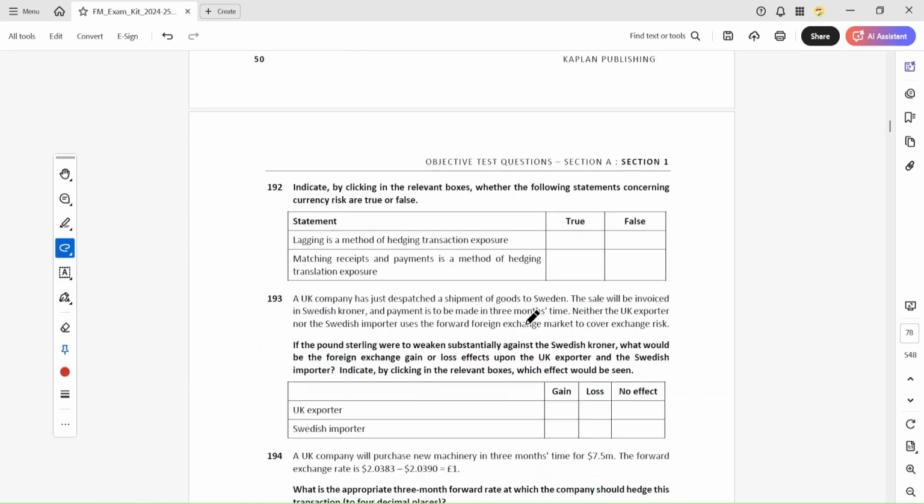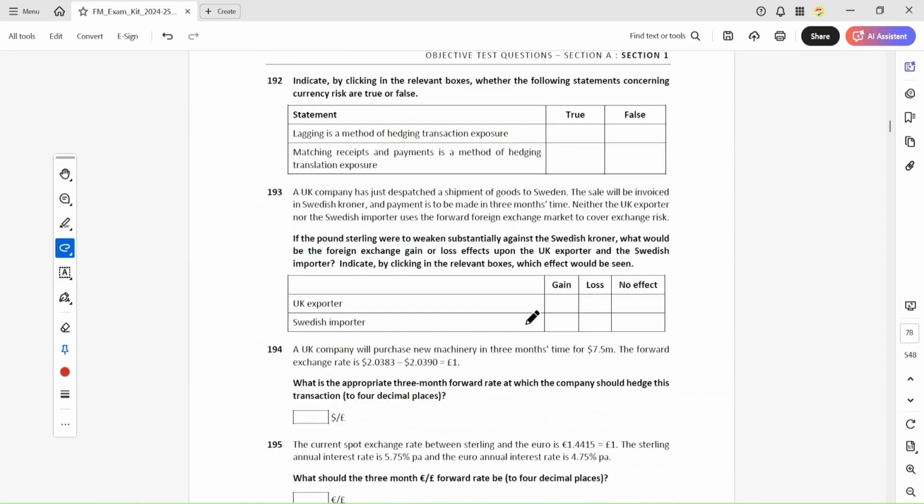Okay, next. Indicate by clicking the relevant boxes whether the following statements about currency risk are true or false. Lagging is a method of hedging risk exposure?